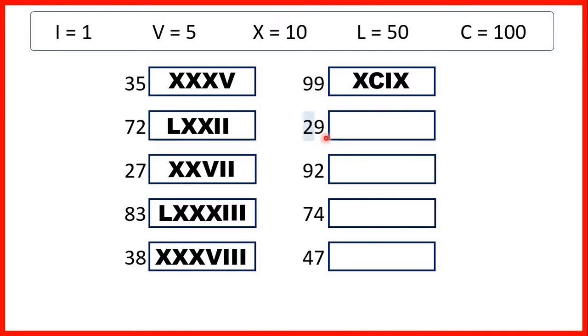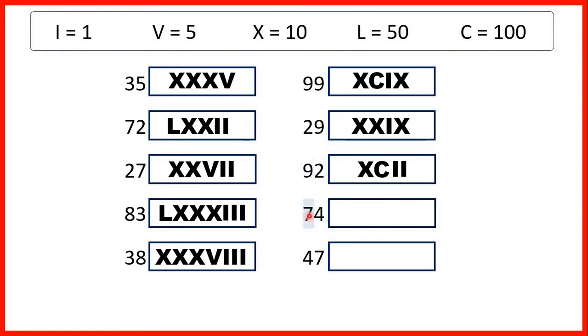So now for 29, 20 is 2 tens, and then 9 is 1 before 10, so that's I before X. For 92, 90 is 10 before 100, so X before C, and 2, we can write 2 I's.